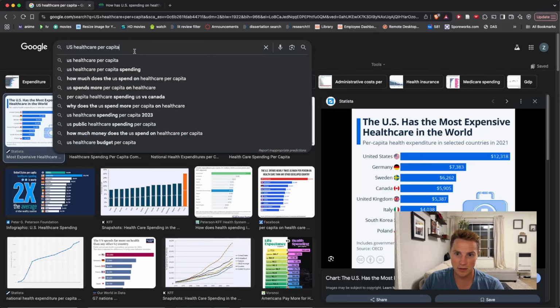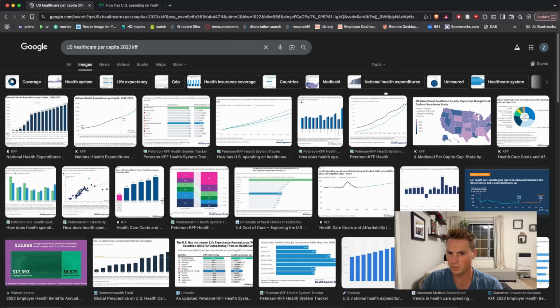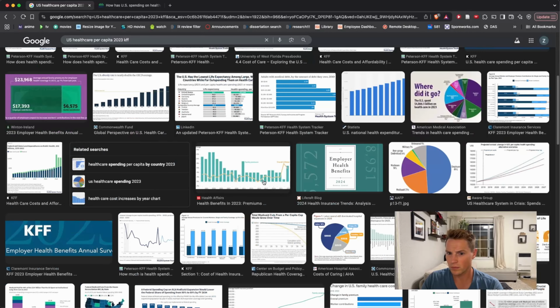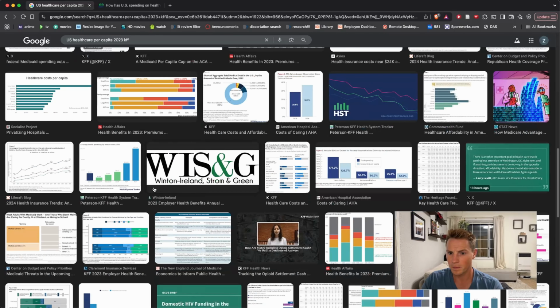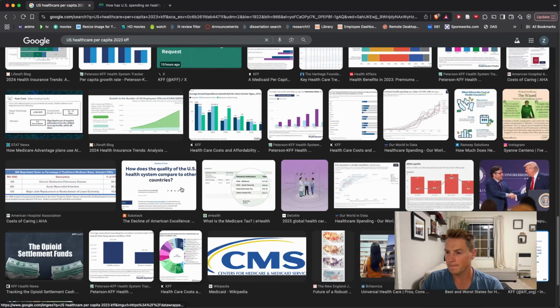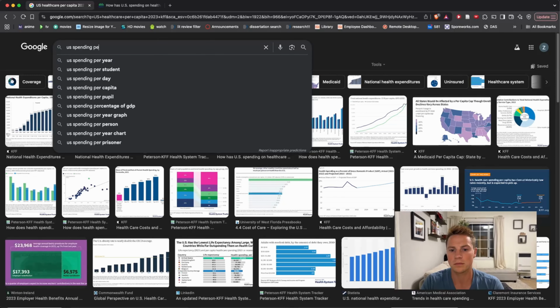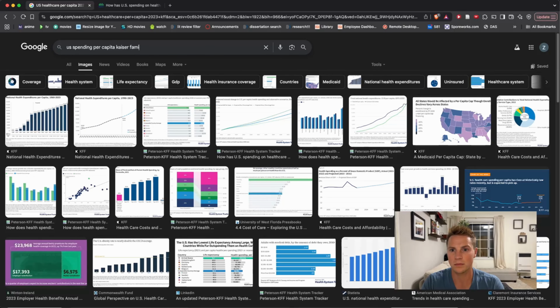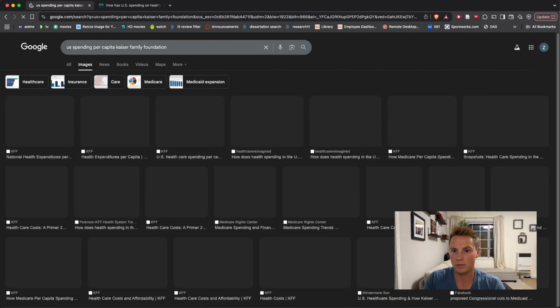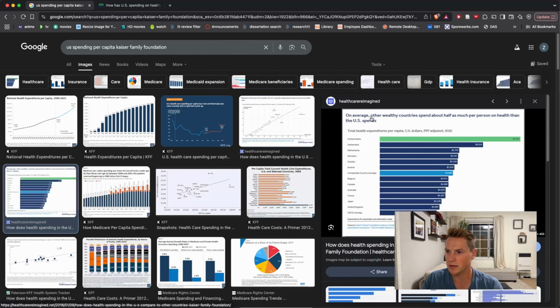Let's say 2023 KFF. No. We're looking for a chart like this.